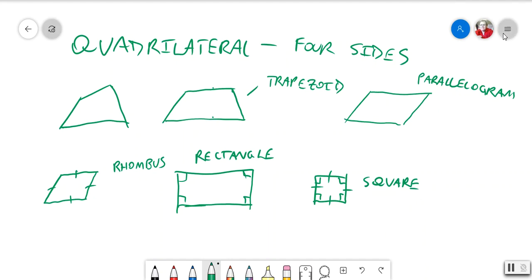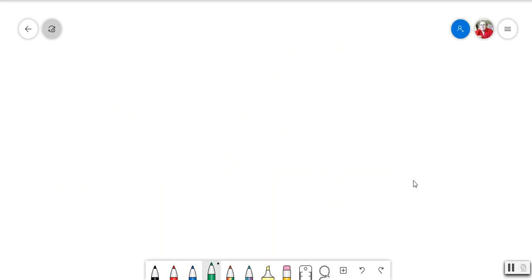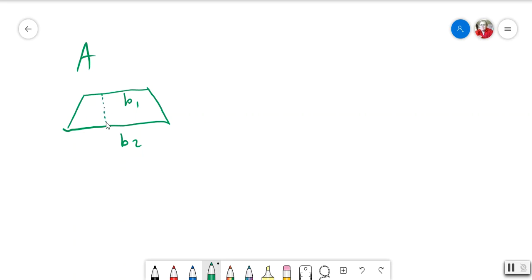So each of these, or almost all of them, has its own special formulas. So for area, for a trapezoid, two parallel sides we call B1 and B2. And the distance between them we call the height, h.